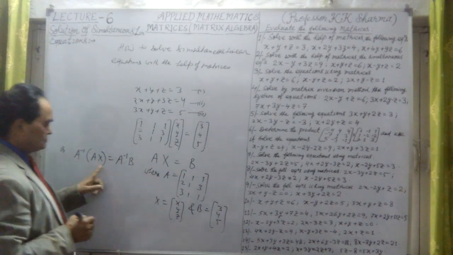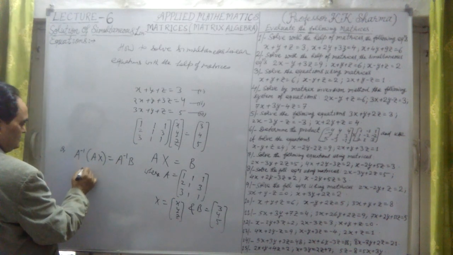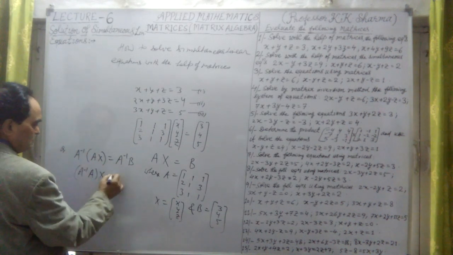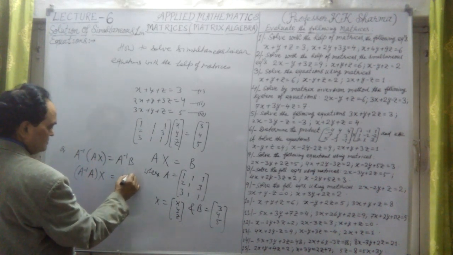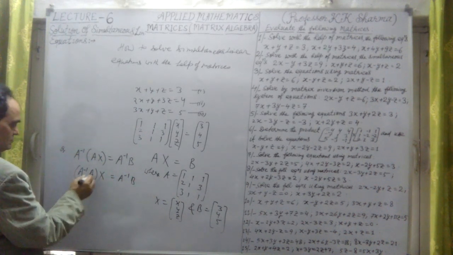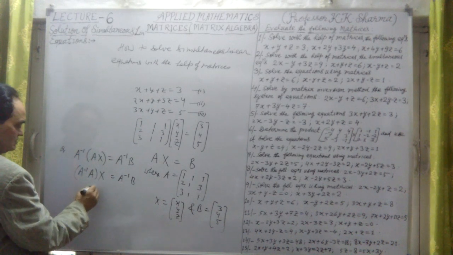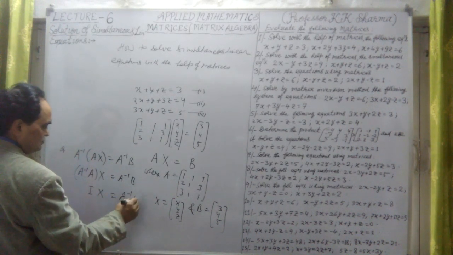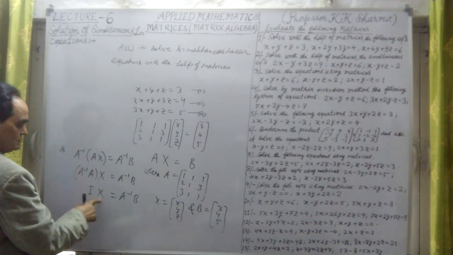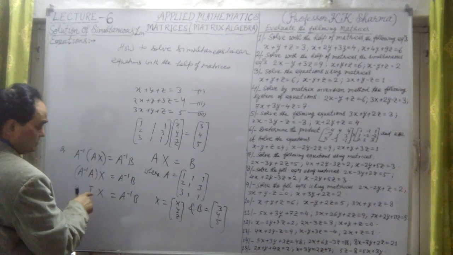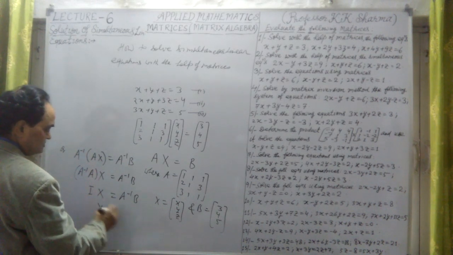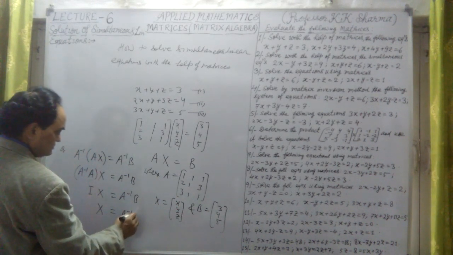So A inverse into A into X equals A inverse into B. A inverse into A is I, the identity matrix, we know. This is equal to A inverse into B. But the identity matrix into any matrix is equal to the matrix itself. So X equals A inverse into B.